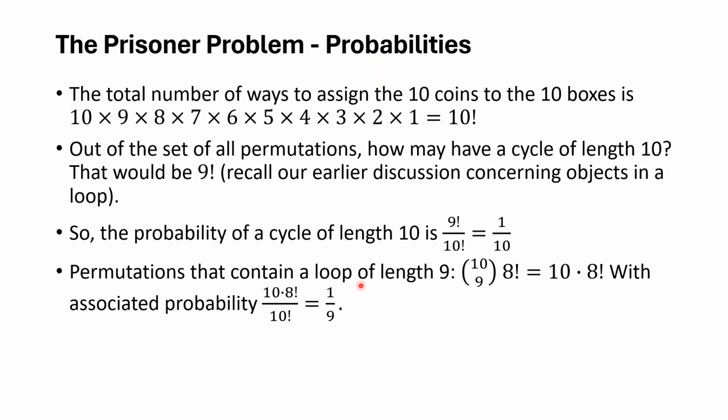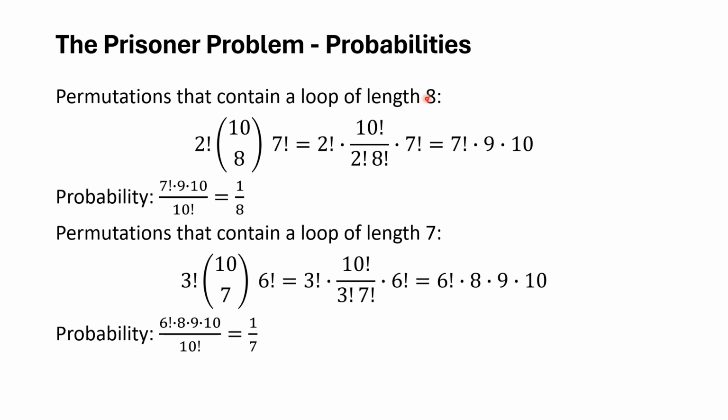Let's look at the case where you have a cycle of length 8, and you can see the pattern developing here, but let's actually compute it. So the number of ways of getting a cycle of length 8: first we pick 8 numbers out of the 10 to be in the loop, and then we have 8 objects, so there's 7 factorial ways of arranging those. But then we need to keep in mind that for each one of these permutations of length 8, we have the other 2 numbers that are left over, and there's 2 factorial ways of arranging those.